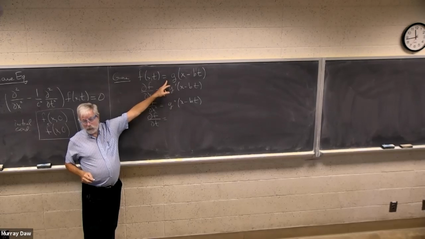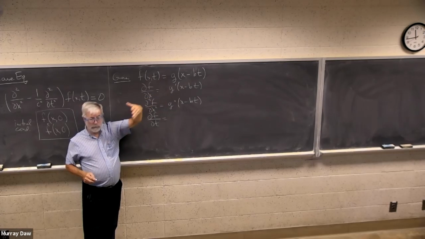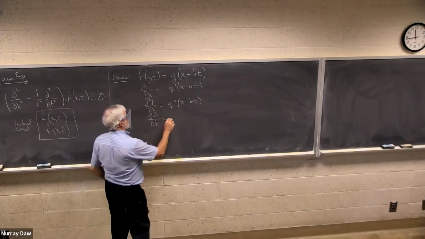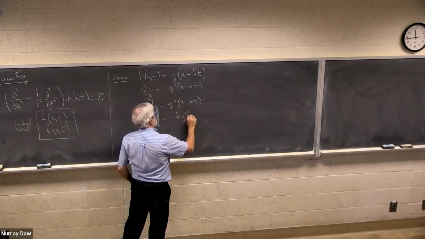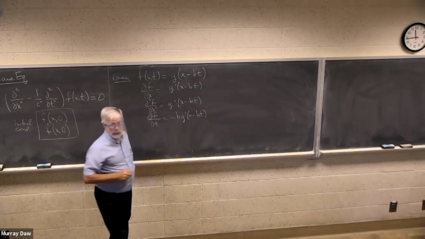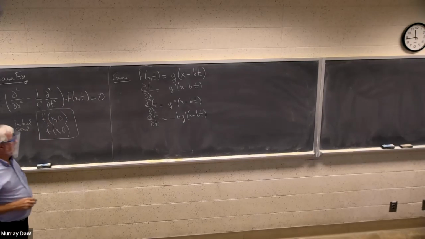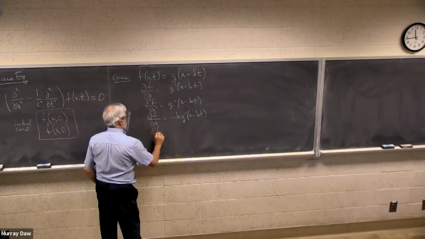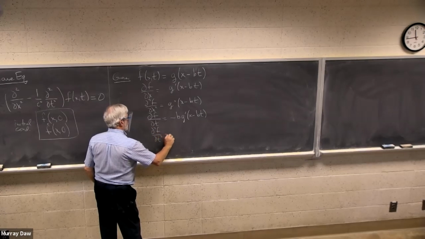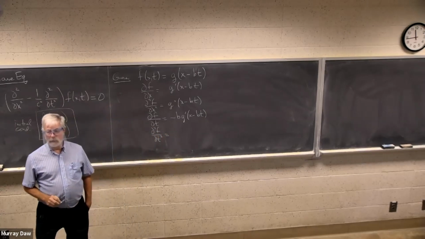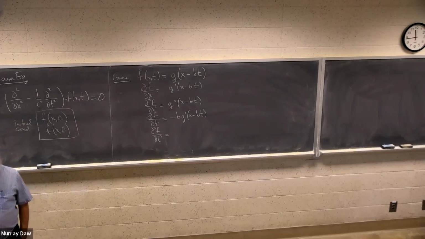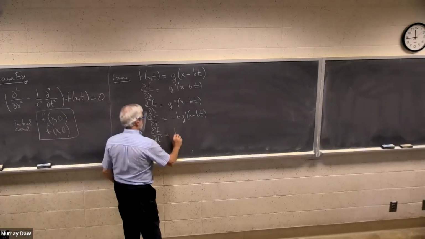X is a constant. I've got a negative b in front, so chain rule. Okay with that? What do I get for the second derivative? Plus b squared times the second derivative.